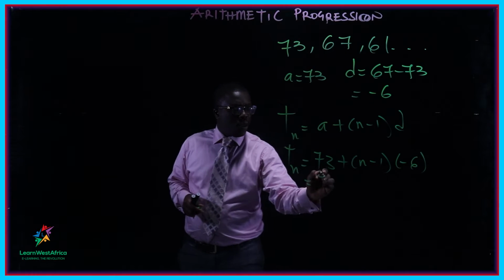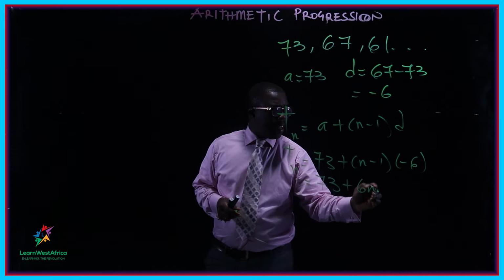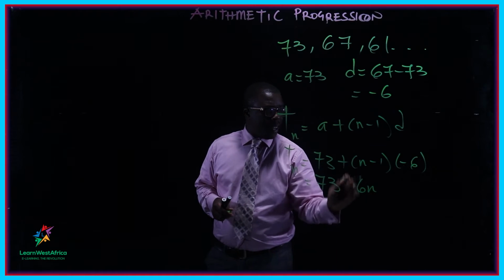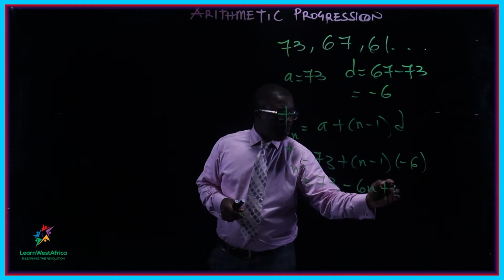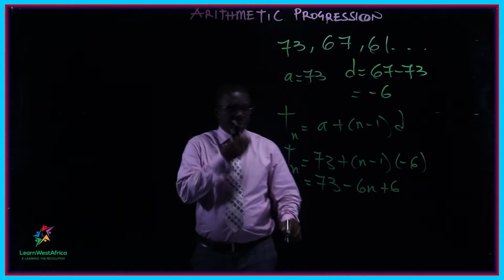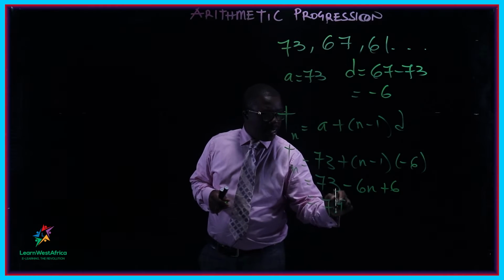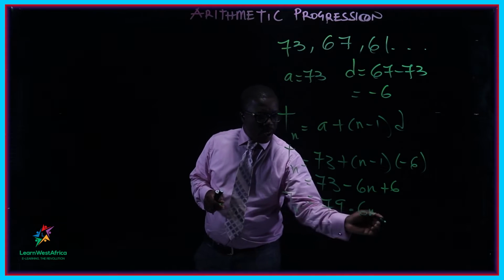When you expand this, you get 73 minus 6n plus 6, because it is negative. This gives you 79 minus 6n. That is your nth term.